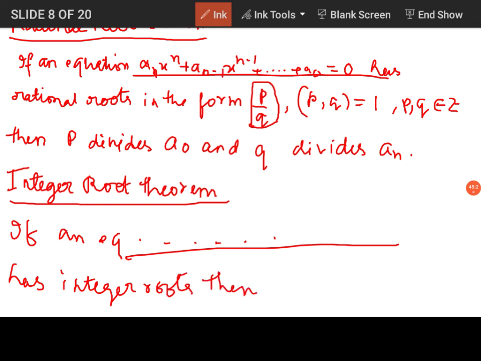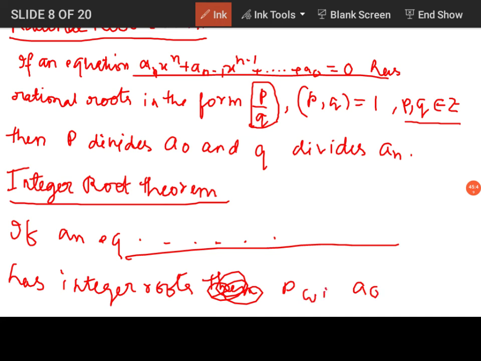then integer roots in the form P, right? Because Q here will be 1. See, P and Q are integers, so if Q is 1, then P is an integer, right? So if P is an integer, now you tell me what will P divide. P will again obviously divide A naught.